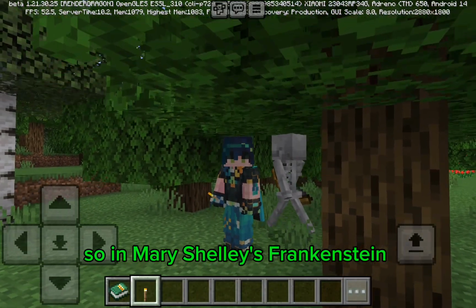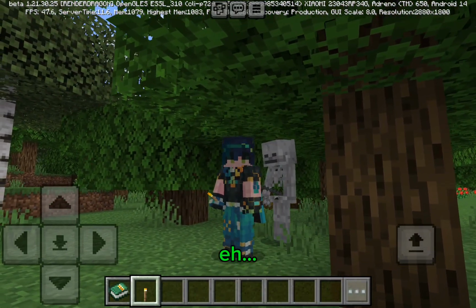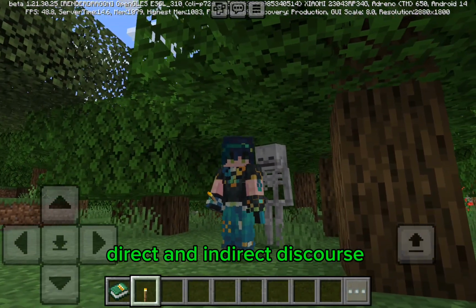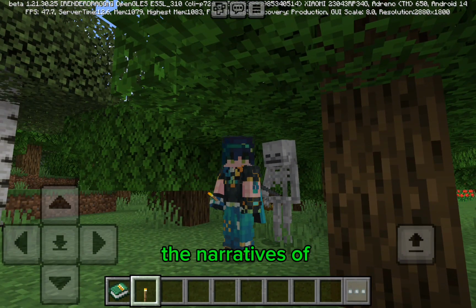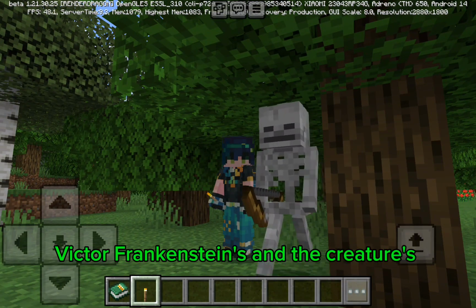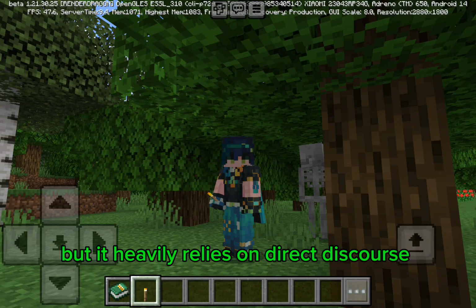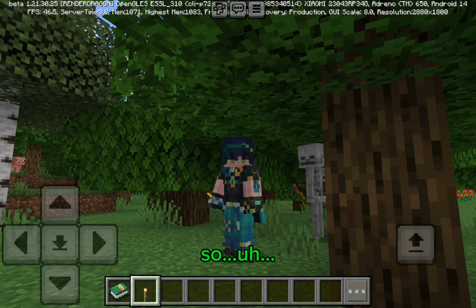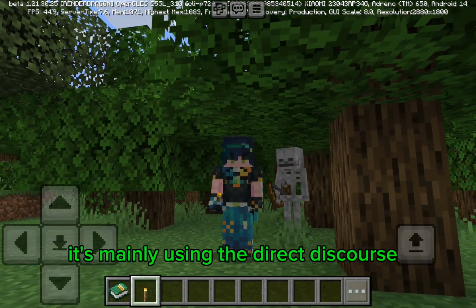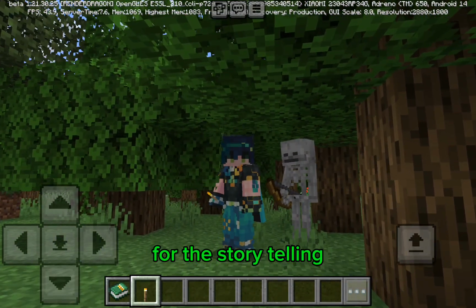So in Mary Shelley's Frankenstein, she used both direct and indirect discourse to present the narratives of Victor Frankenstein and the creature. But it heavily relies on direct discourse, so it's mainly using direct discourse for the storytelling.